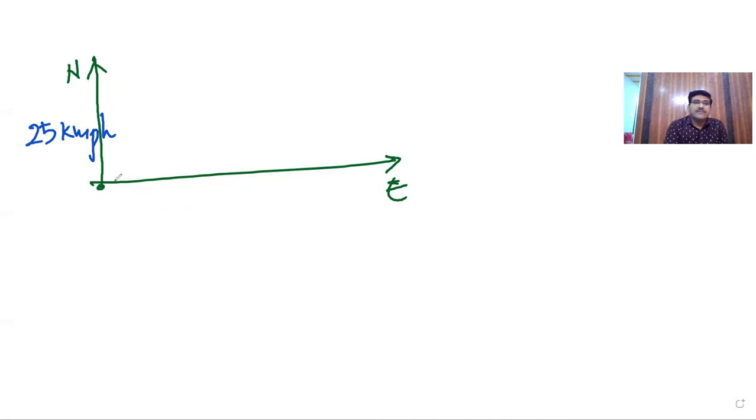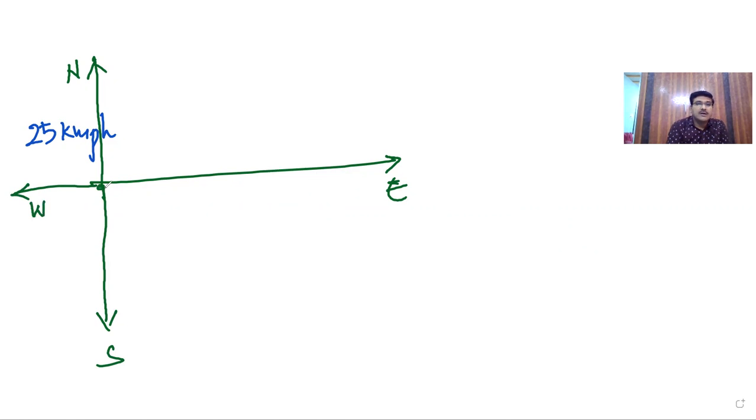Similarly, he says that the water current is in which direction? 60 degrees east of south. So it is towards east of south. Now have the clarity. This is the south direction. This is west direction.